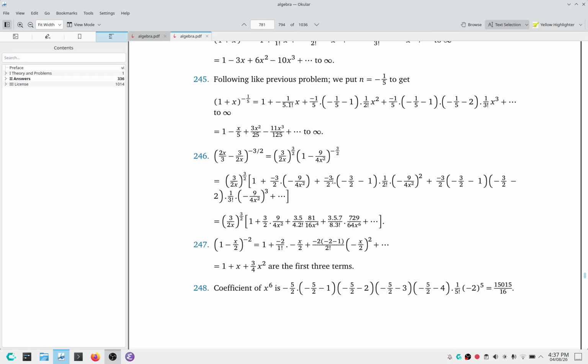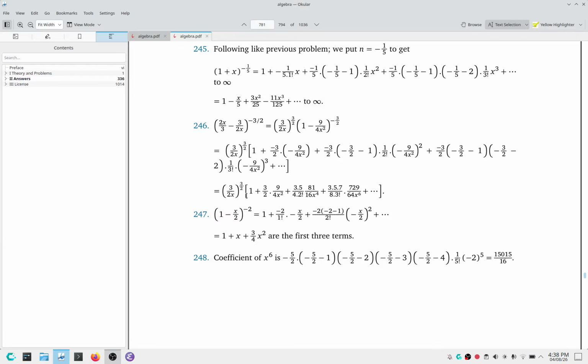The third term will be minus 3 by 2 times minus 3 by 2 minus 1 times 1 by 2 factorial times minus 9 by 4x square whole square. And the fourth term will be minus 3 upon 2 times minus 3 upon 2 minus 1 times minus 3 upon 2 minus 2 times 1 upon 3 factorial times minus 9 upon 4x square to the power 3.